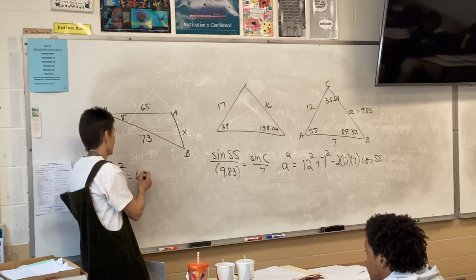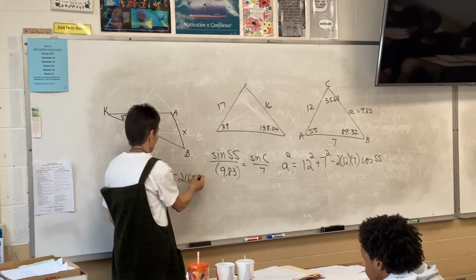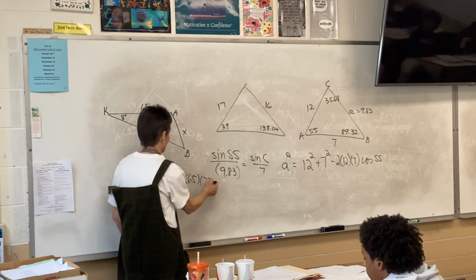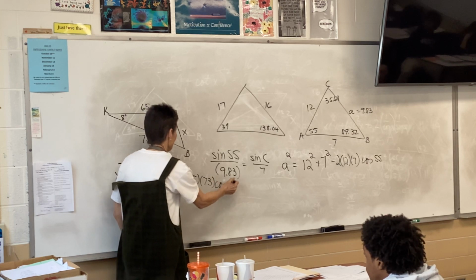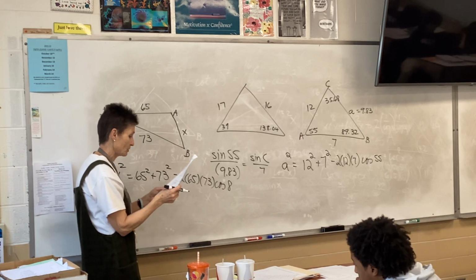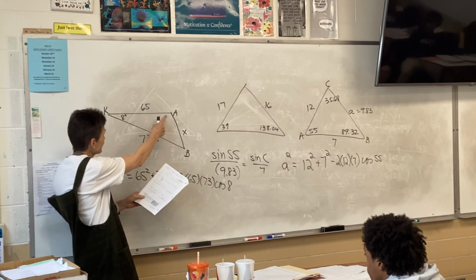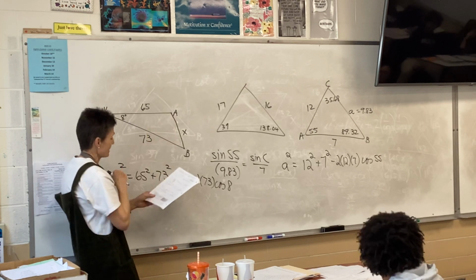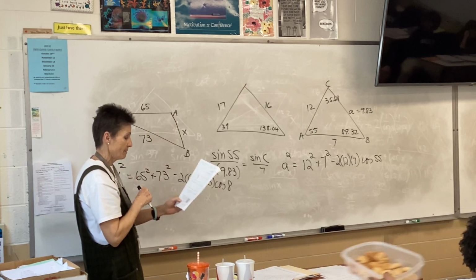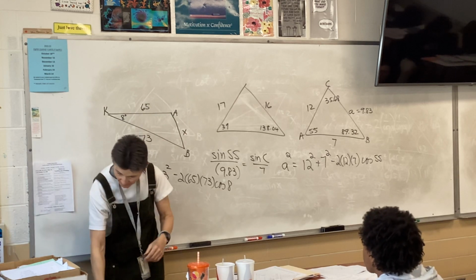The wording confused me. It tells you in the problem that the ball travels 73 yards at an angle of 8 degrees to the right of the receiver. So that angle's 8 degrees, yeah. So it's just a law of cosines problem. Yeah, so there we go. Just make sure you square root it after you type it in.